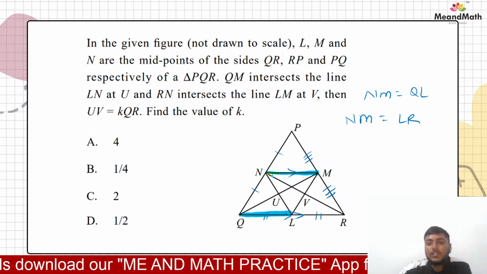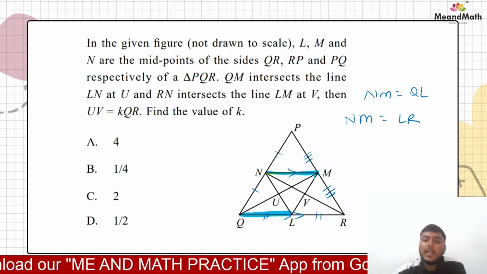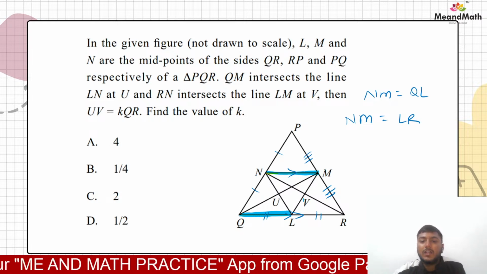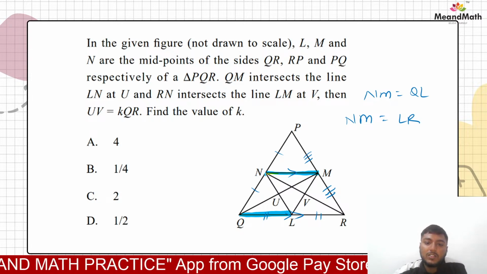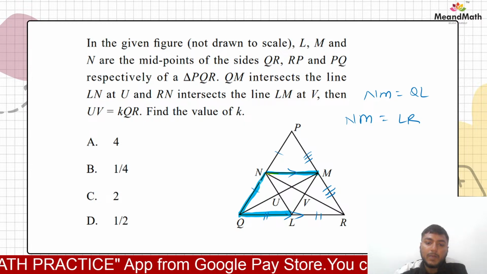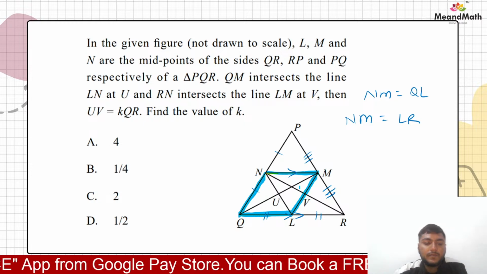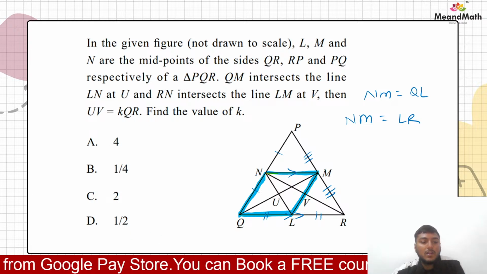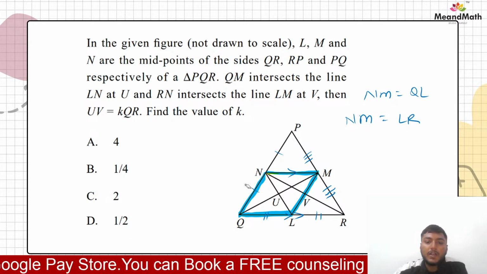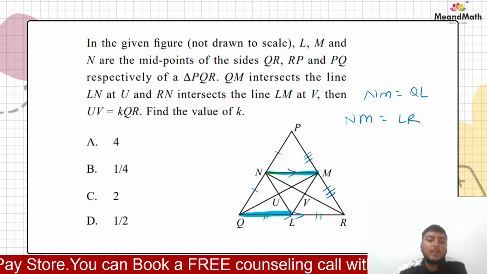Also beta, if we see, L and M are midpoints, right? So by that logic, LM and QN would be equal, but they would not be equal to NM, right?